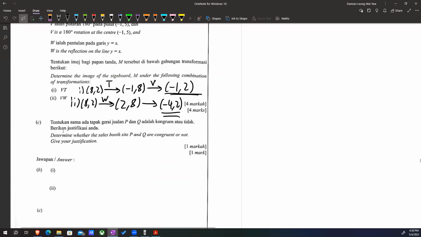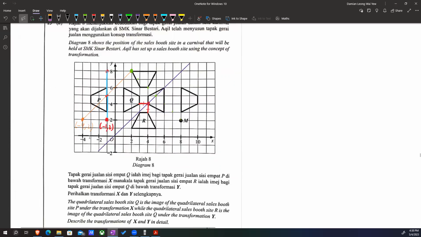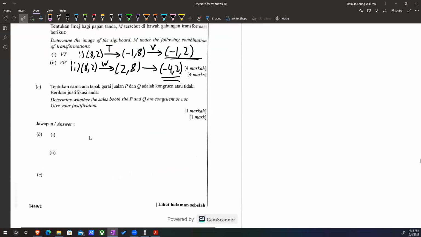Okay. Then C, determine whether shapes P and Q are congruent or not. So definitely P and Q are congruent, because the size and shape are exactly the same.